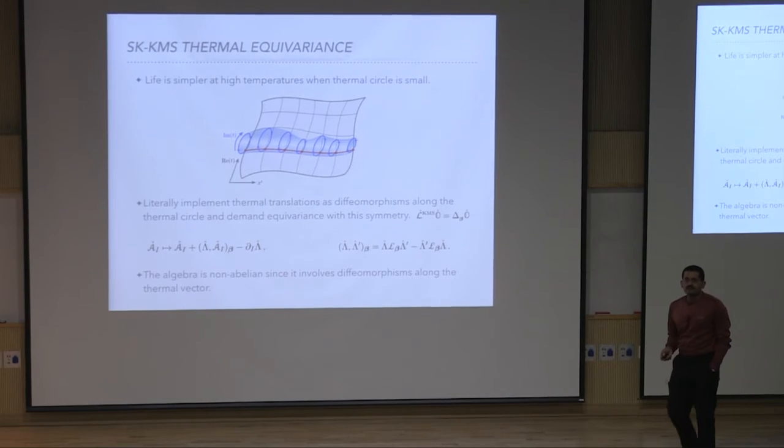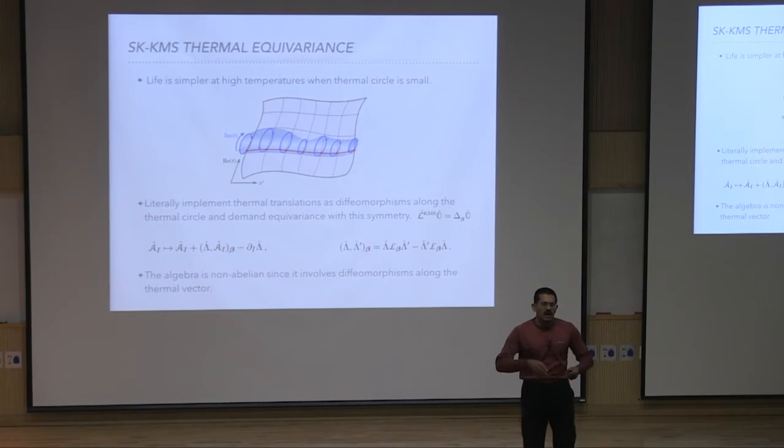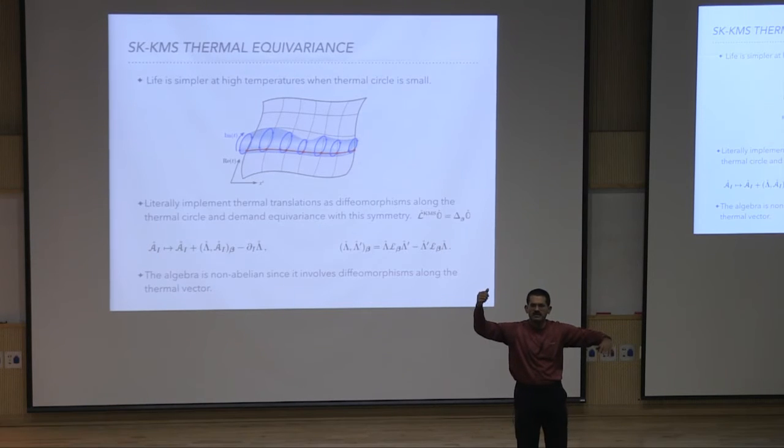So the intuition I want you to take away is this. I told you yesterday that if you're in equilibrium, you can think of equilibrium by studying your theory on a Riemannian manifold, where there is a thermal circle fibered over a spatial base. I in fact wrote down the metric yesterday.